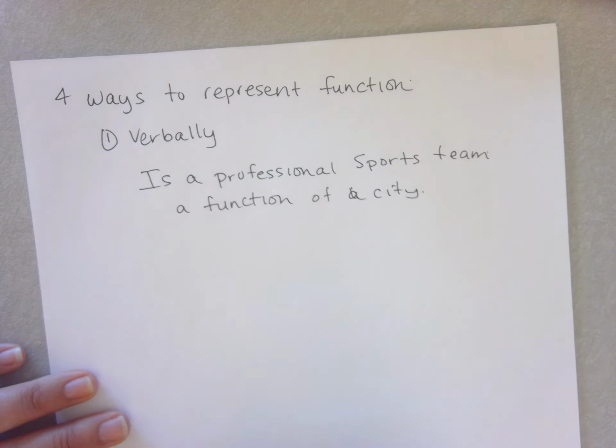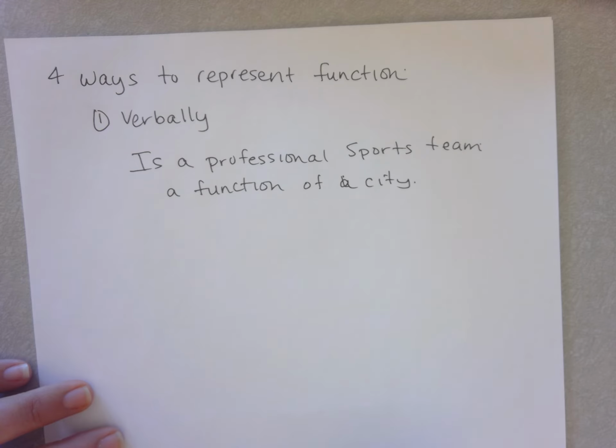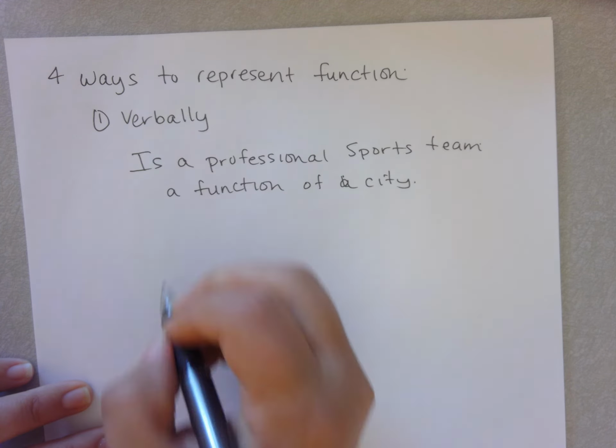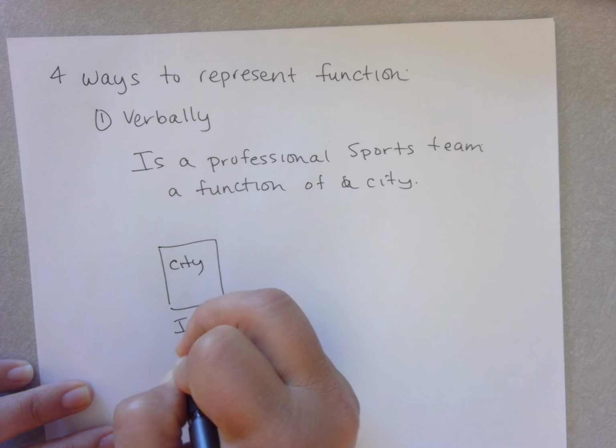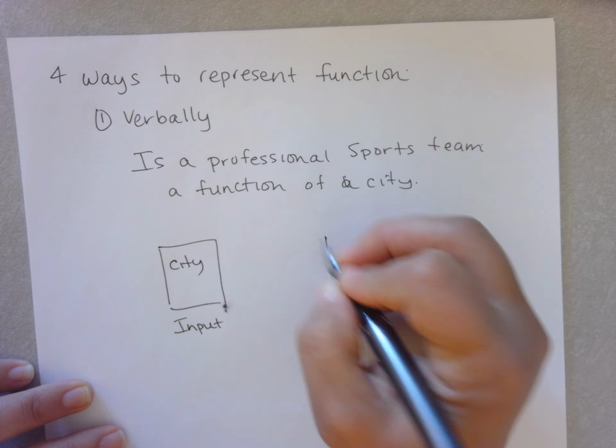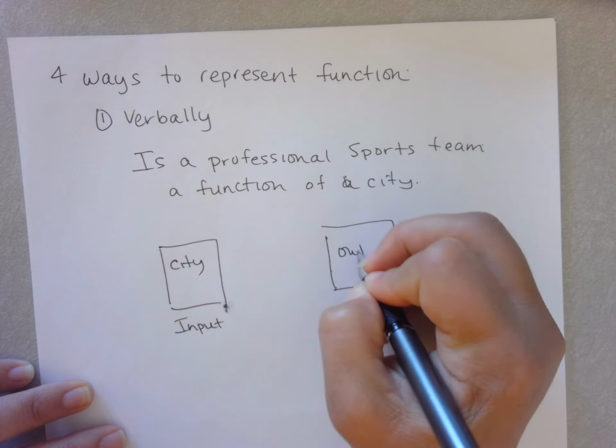When I'm thinking in terms of words, when you hear that function of a city, that is an indication that they want the city to be the input. And the sports team is the output.